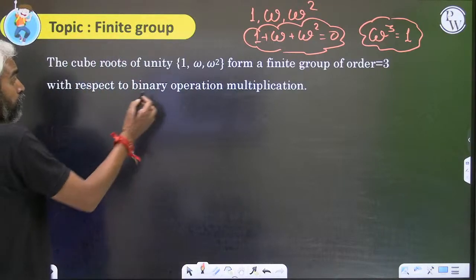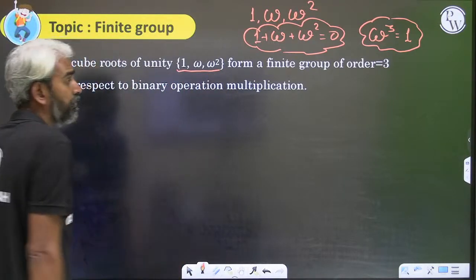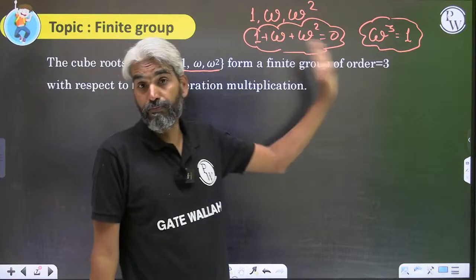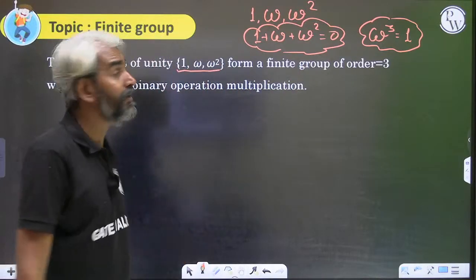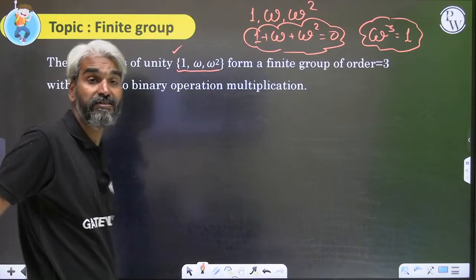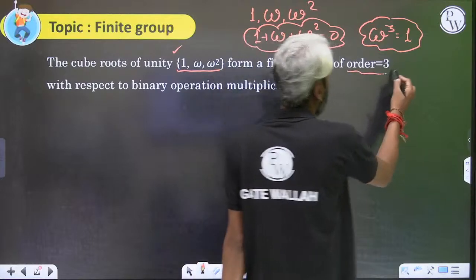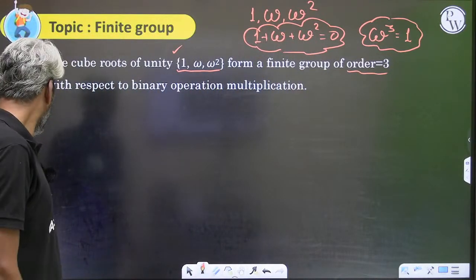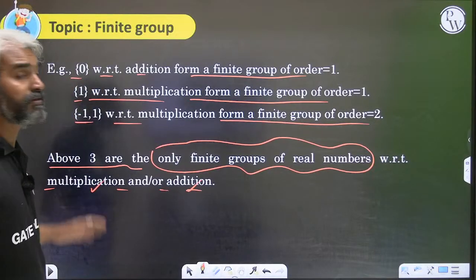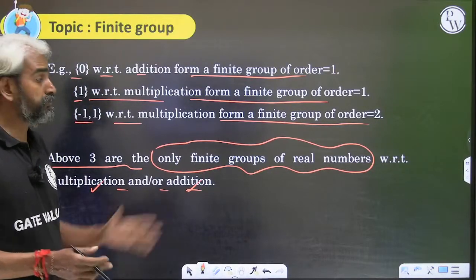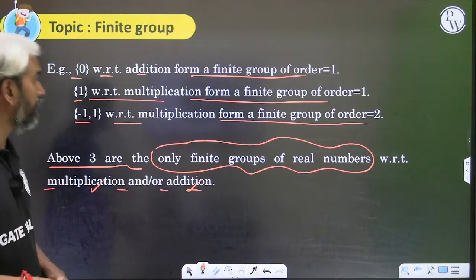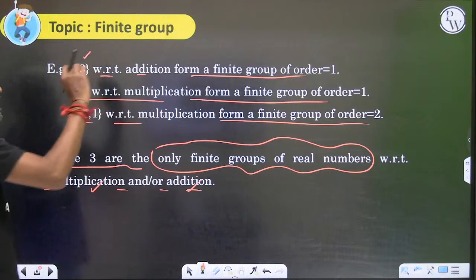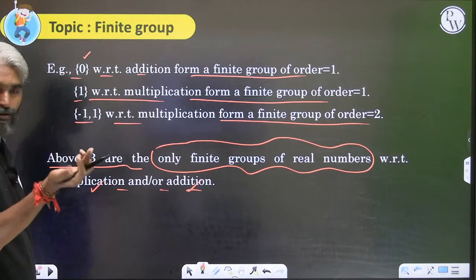So anyway, the cube roots of unity 1, omega, omega square form a finite group. How many elements are there in this set? 3 elements. They form a finite group of order 3 with respect to multiplication. The reason is quite simple. Why were we not able to create any other group of real numbers with respect to multiplication or addition? Because apart from 0, if we take any other element, it will not be closed.